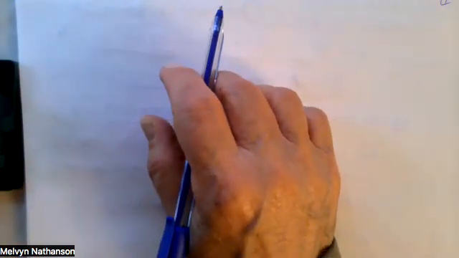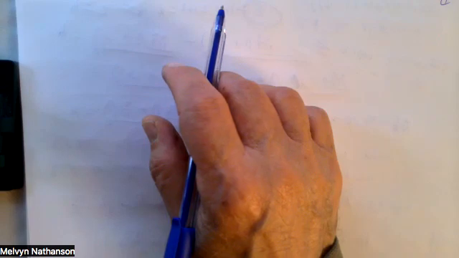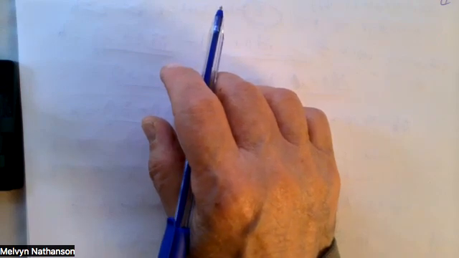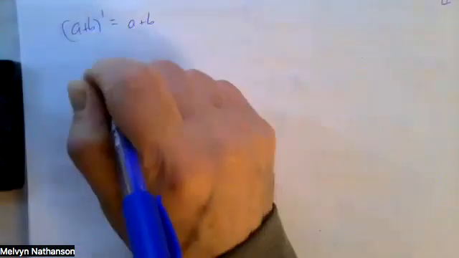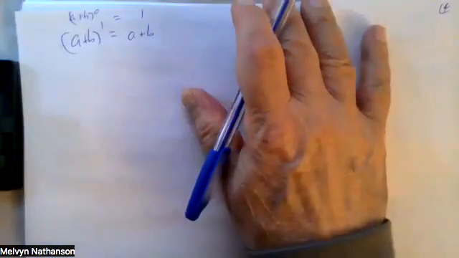So in solving the cubic, one thing you needed to know was how to expand something like a plus b cubed, right? If you have a plus b to the first power, that's a plus b. Of course, a plus b to the 0th power is 1, because anything to the 0th power is 1.